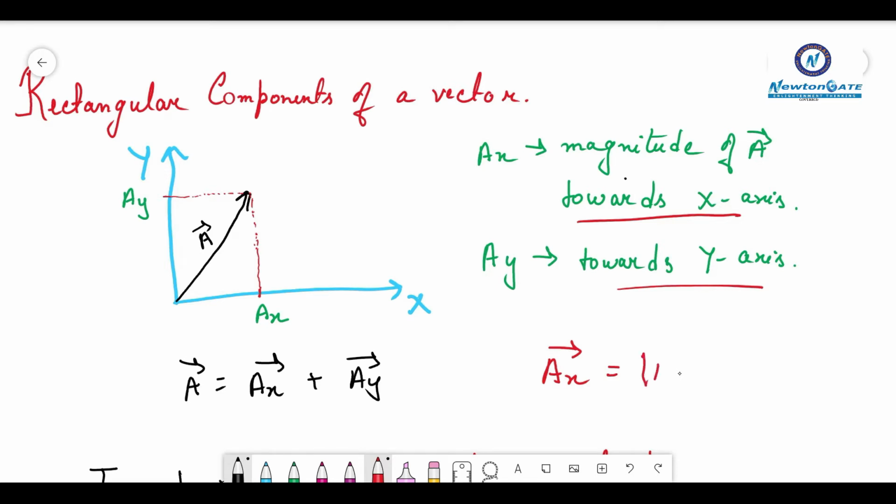So I can write a x as magnitude of ax into i cap. Why i cap? Because i cap gives us the direction towards the x axis. Similarly, a y vector can be written as magnitude of ay into j cap.